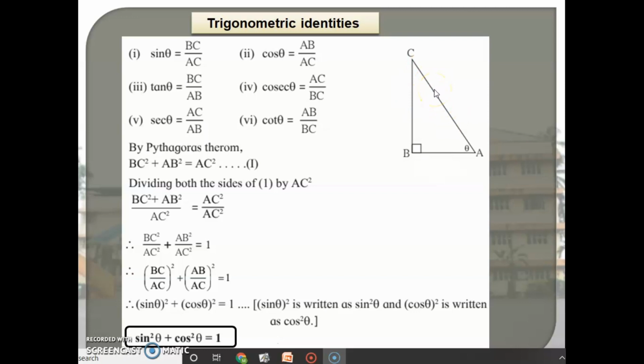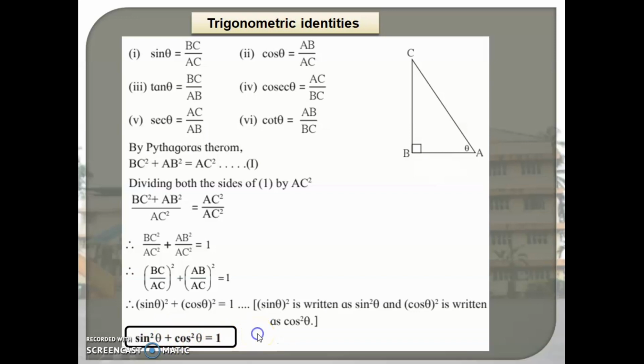So BC upon AC is the sine ratio of angle theta, and therefore we write here sine theta the whole square plus cos theta the whole square is equal to 1. We can also write sine theta the whole square as sine square theta and cos theta the whole square as cos square theta. So we get sine square theta plus cos square theta is equal to 1. So this is the first trigonometric identity.